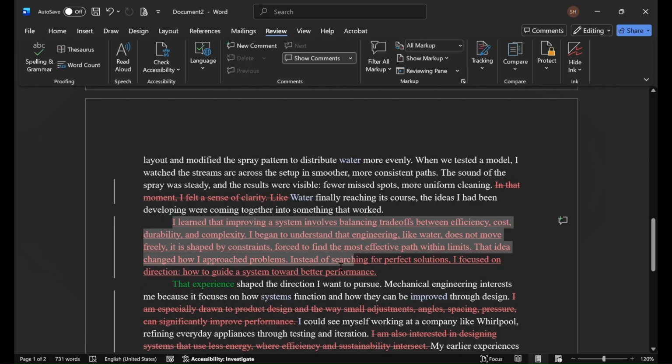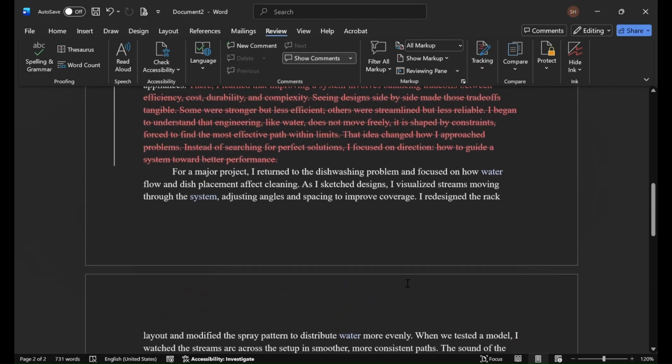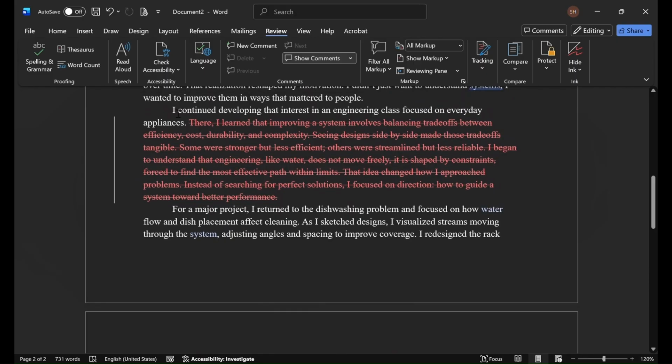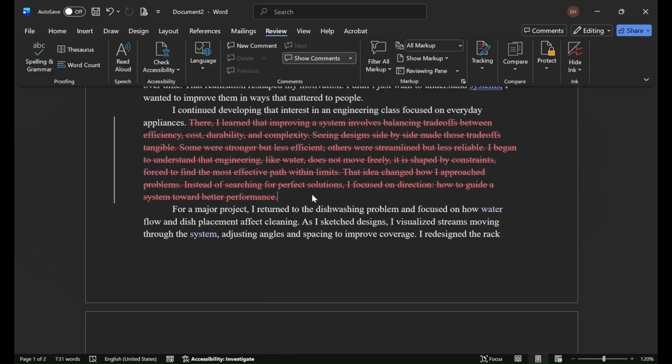The reason I did that is because the way it originally stood, we get a lesson learned from the class, which is very general, the main point being about learning that there were trade-offs in engineering and trying to improve systems, trade-offs between efficiency, cost, durability, and complexity, which is important, but there's no actual memory tied to that in the beginning.